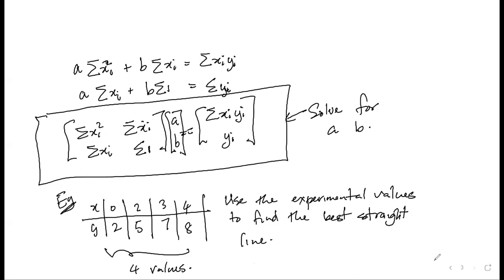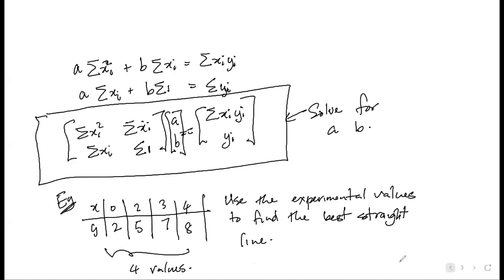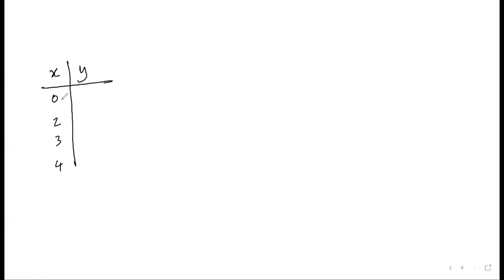So let's see how we set up ourselves here. Let me just write it down here before I go back. So this is x, this is y, 0, 2, 3, 4, and 2, 5, 7, 8.